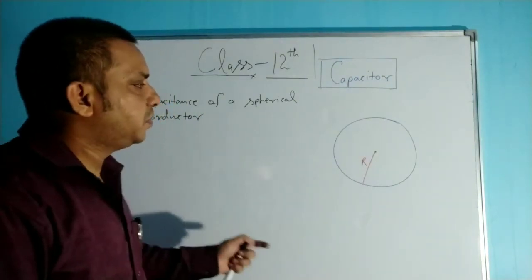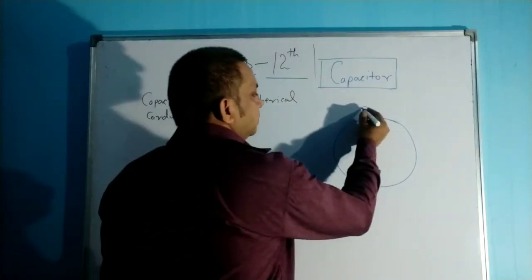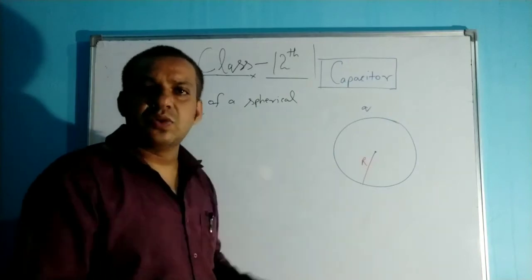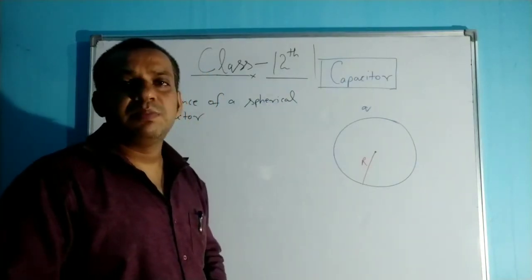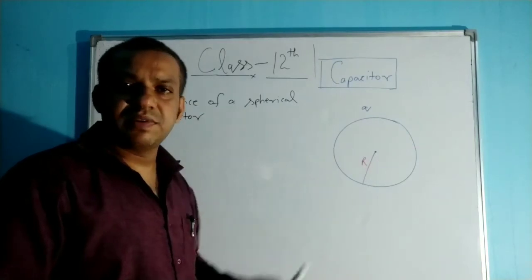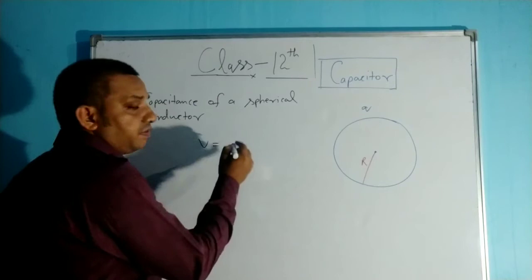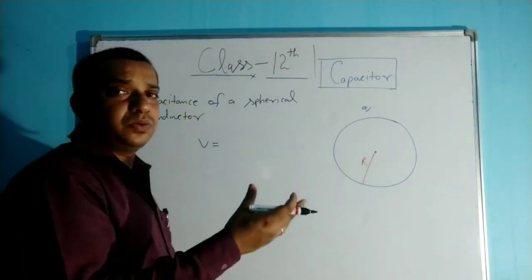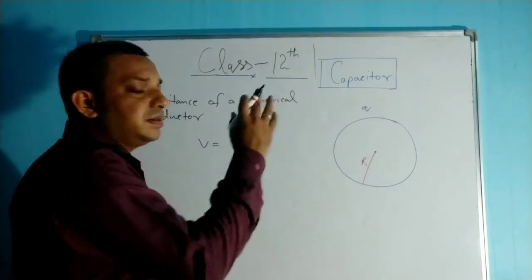Just assume I am putting a charge Q on this spherical conductor. You know that the charge will be spread throughout the whole surface. Because of this charge Q, what will be the potential of this surface? You know that for a spherical conductor, the charge is assumed to be concentrated at the center.